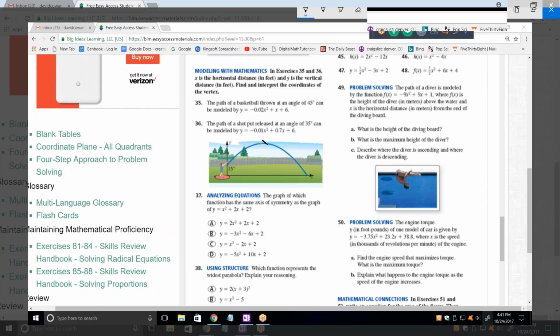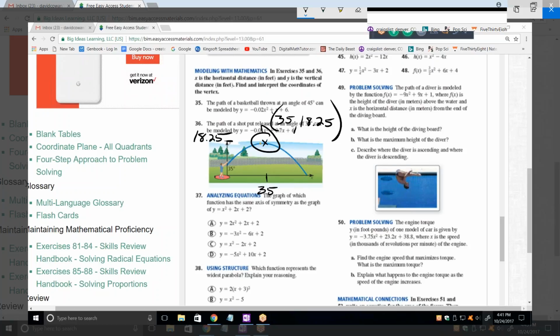That means the coordinates of that point right there are 35, 18.25. Now, what does it say? It says, find and interpret the coordinates of the vertex. Okay, well, we found the vertex. What does it mean?